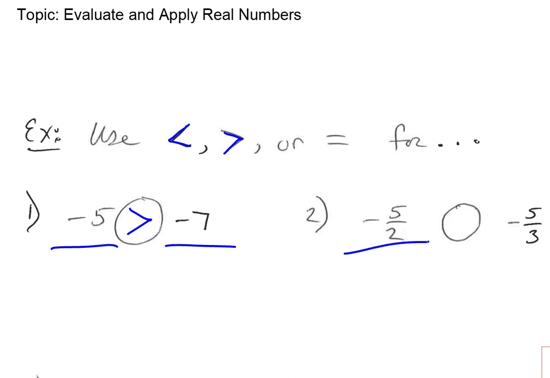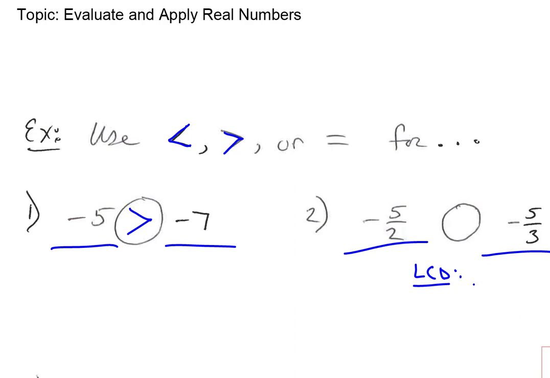Secondly, we want to compare in the same way -5/2, a fraction, with -5/3. But you'll find quickly that it's harder to compare fractions, at least when they don't have a common denominator. So anytime we compare fractions, we want to do the LCD work that we've already done, so this is nothing new here.